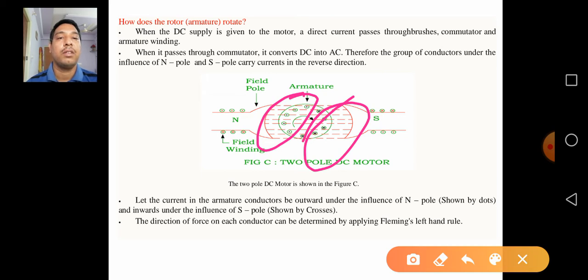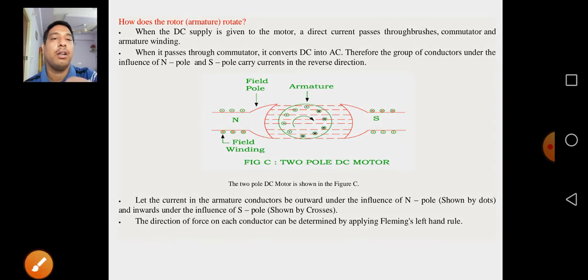Under the influence of the south pole there will be a cross mark shown on the conductor, that is the inward force. So due to the north pole there will be some upward force, and under the influence of the south pole there will be some inward force.